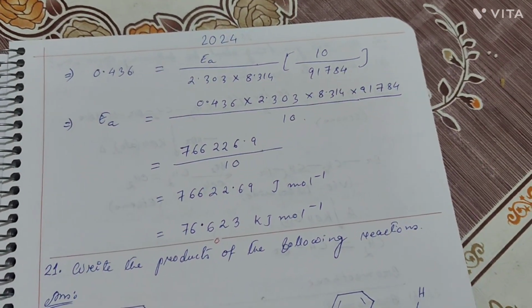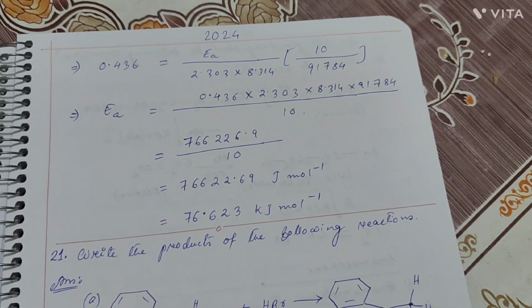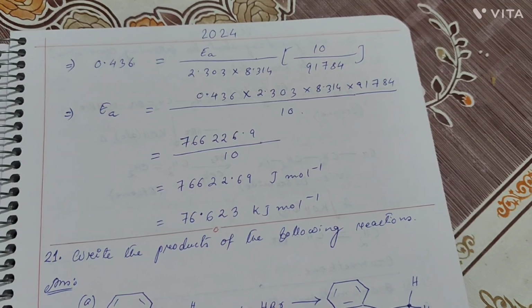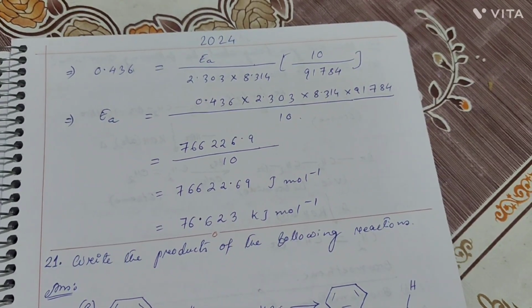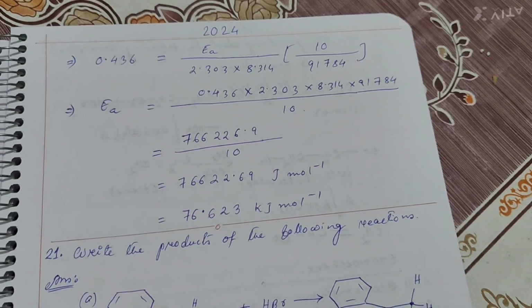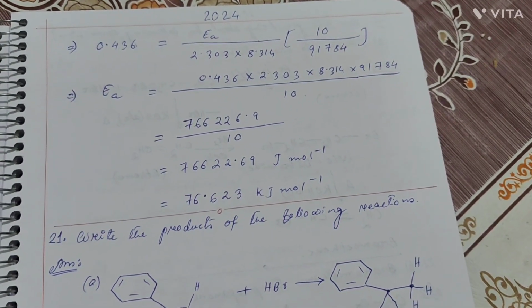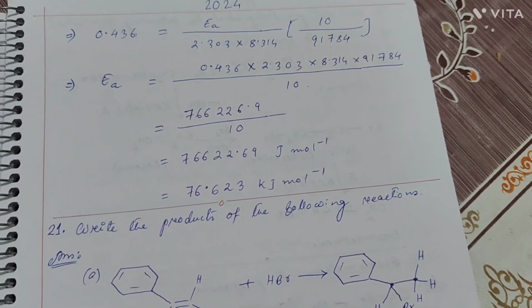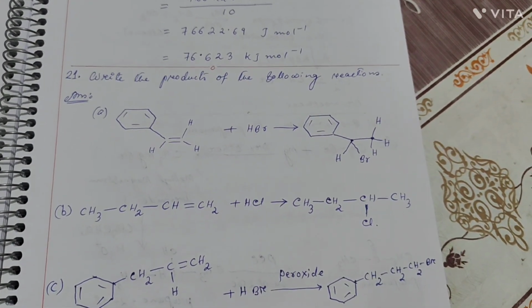Do the calculation, you will get 0.436, which is the value of log 2.73, equal to Ea/(2.303 × 8.314) × 10/(298 × 308). This implies Ea is equal to this, and after the final calculation you will get Ea = 76.623 kilojoule per mole.